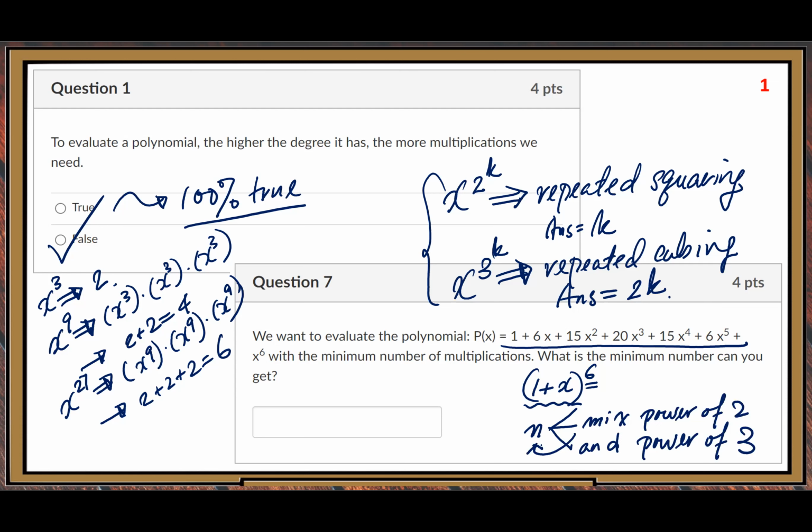In that way, we can make the minimum number of multiplications. But how to mix them? In this class, we haven't talked about how to mix. We do not know.